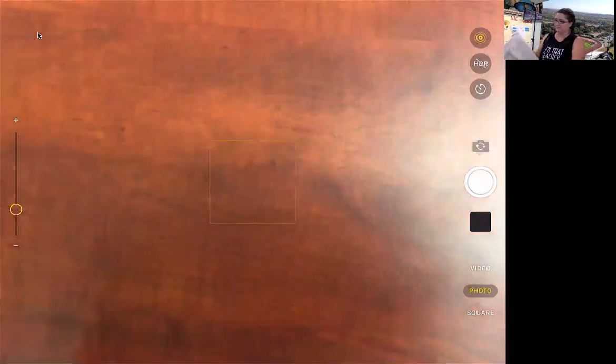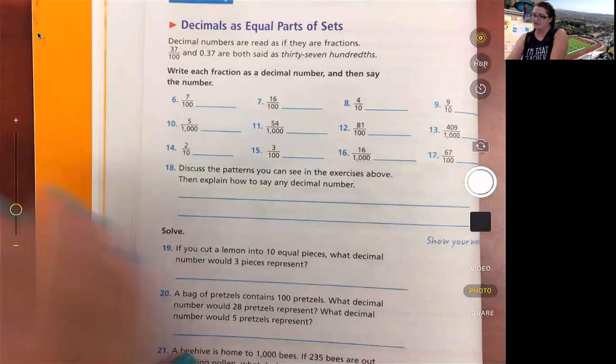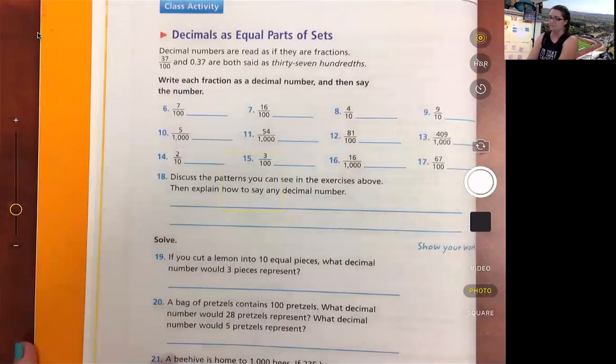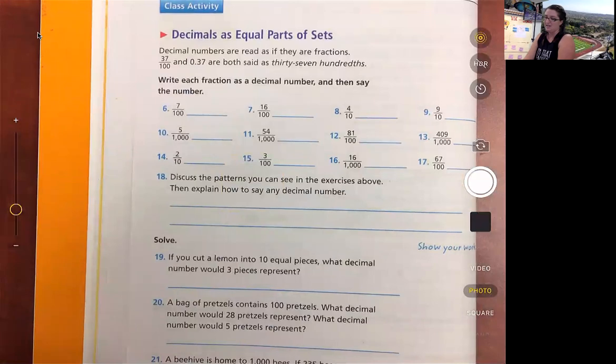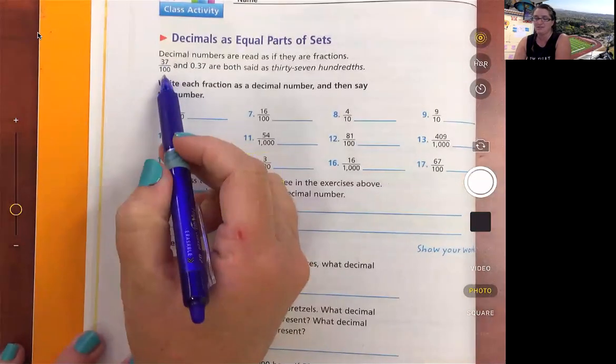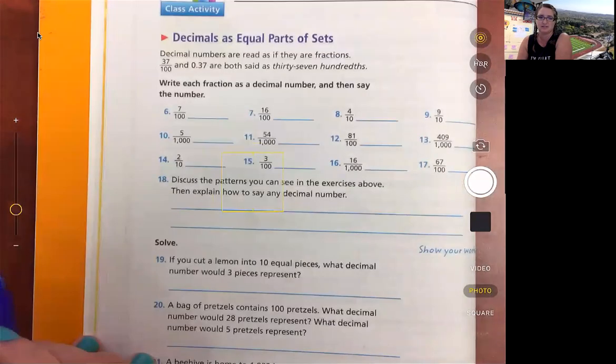All right, let's take a look at page 40. Page 40 has us looking at decimal numbers, and we're going to write each fraction as a decimal. So for the example, 37/100 is 37 hundredths.